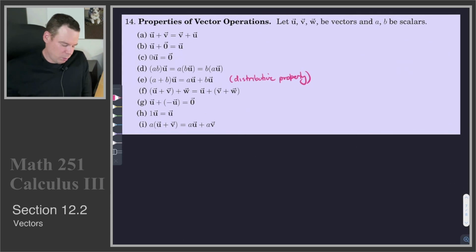There is another distributive property. So this says that a vector distributes across the sum of two scalars. We also have that a scalar can be distributed across the sum of two vectors. So this is another distributive property.